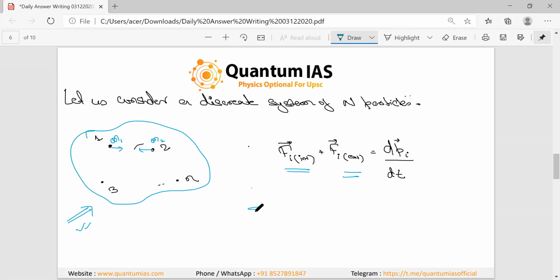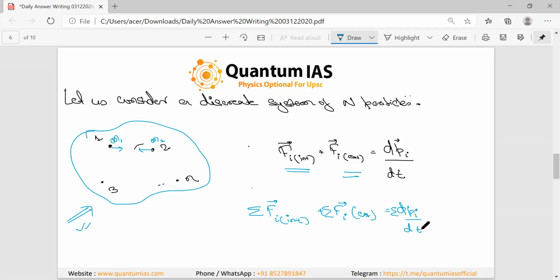If we sum up these things, summation Fi internal plus summation Fi external is equal to summation dpi upon dt.